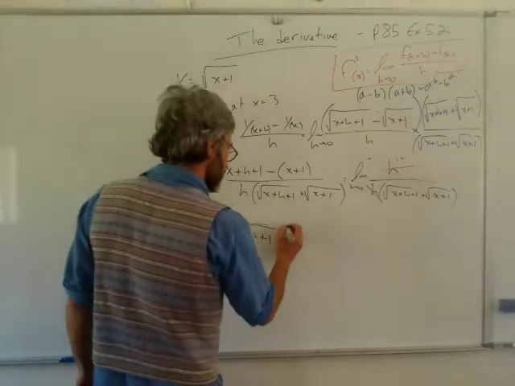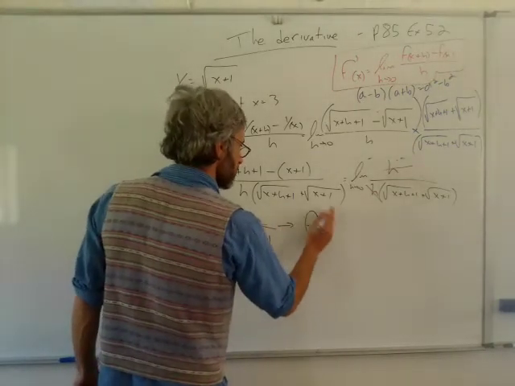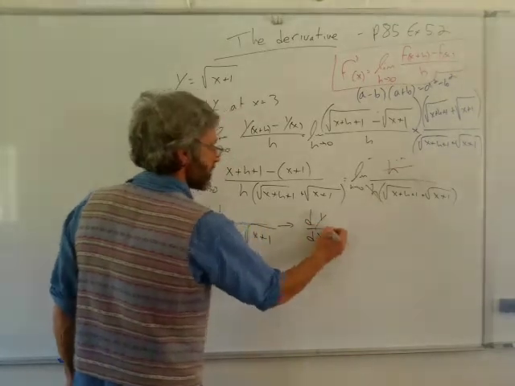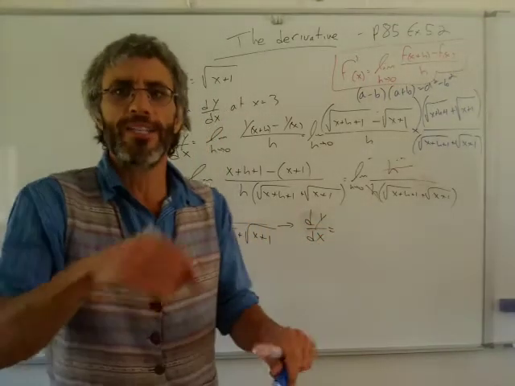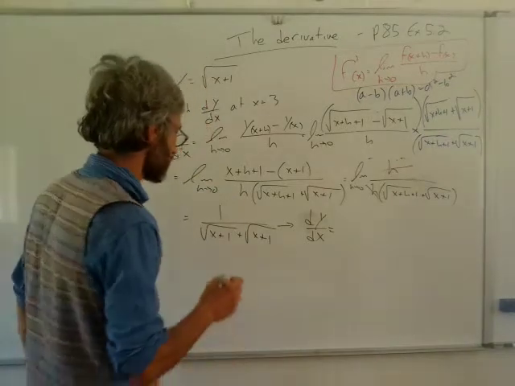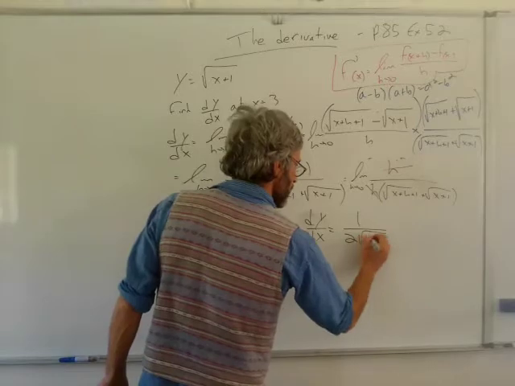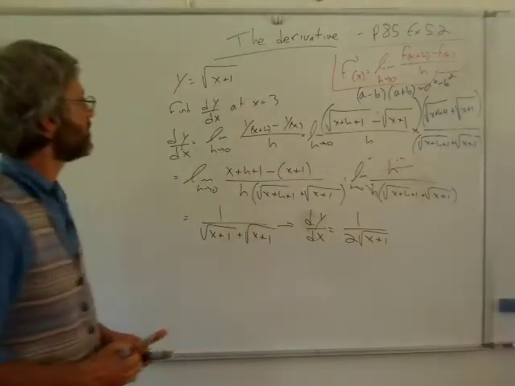Okay, I just have a bunch of x's. I can rewrite it nicely, and I'll say that the derivative of y, dy to dx, not dy divided by dx, dy to dx is 1 over 2 square root x plus 1. Okay, right?